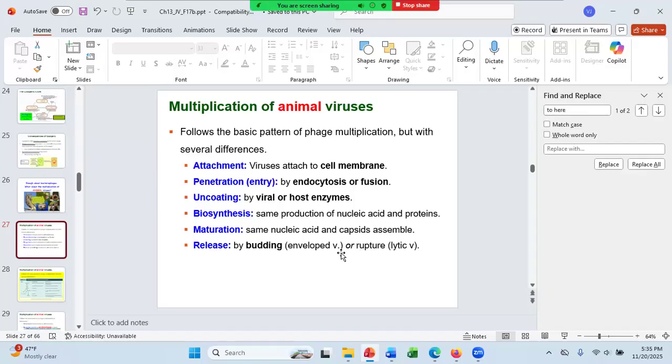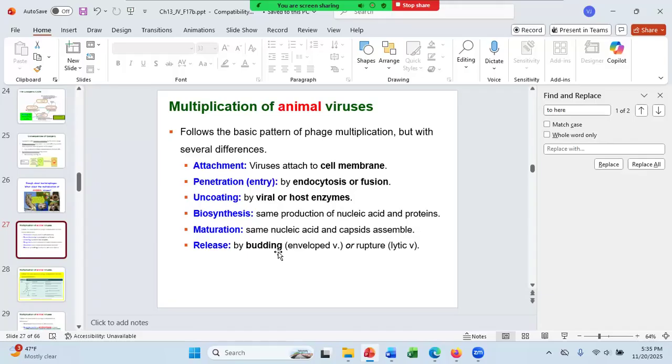So animal viruses can replicate by the lytic life cycle, but they can replicate by budding. And all enveloped animal viruses reproduce by budding. Any question about any of that?